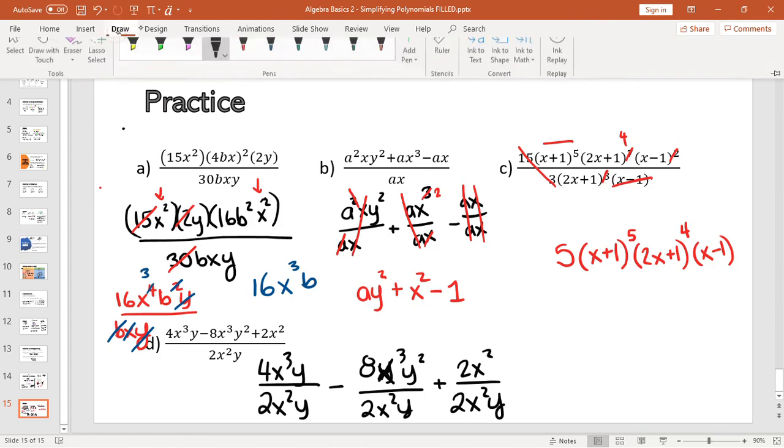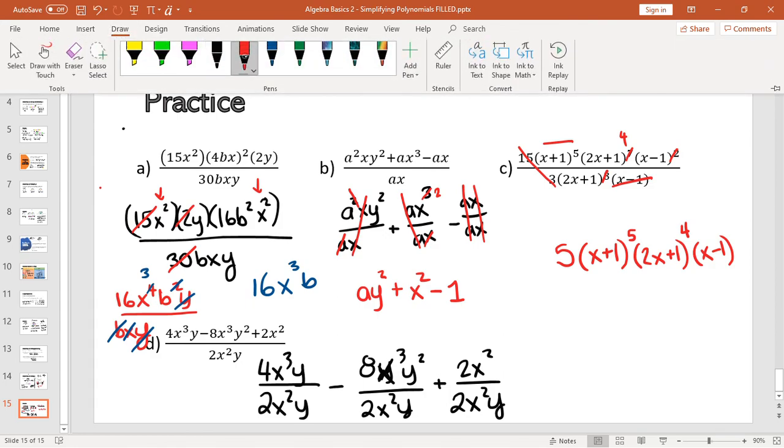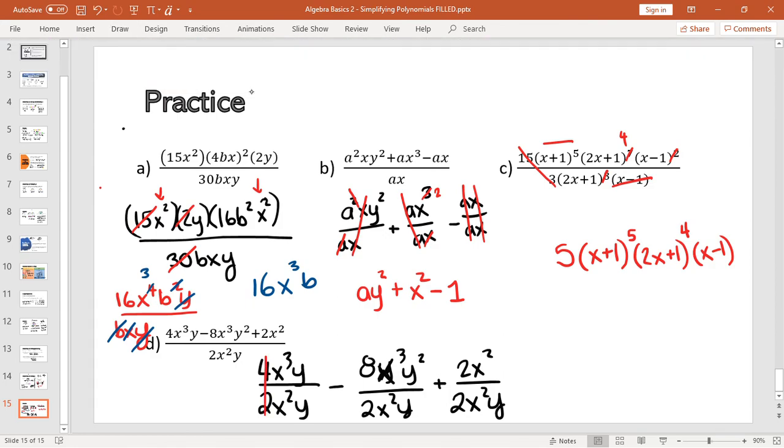So once again, you can use your exponent laws, or you can just kind of blow through. 4 over 2 is the same as 2. x squared, x cubed, be 1x left. y over y is gone. First term, 2x. 8 over 2 is 4. x cubed over x squared is going to make another x. And y squared over y is going to, bottom one will cancel, 2 minus 1, y. So I think minus 4xy.